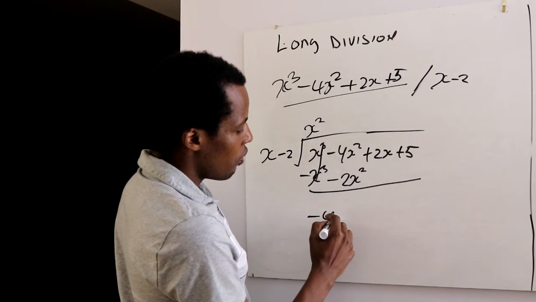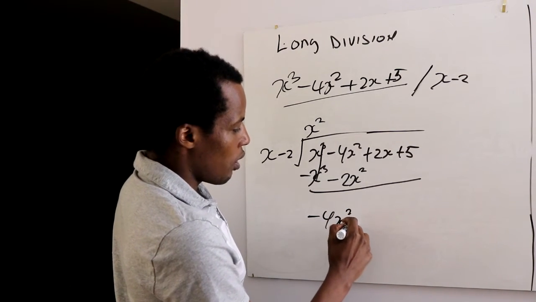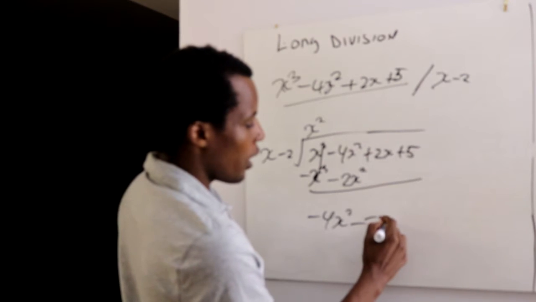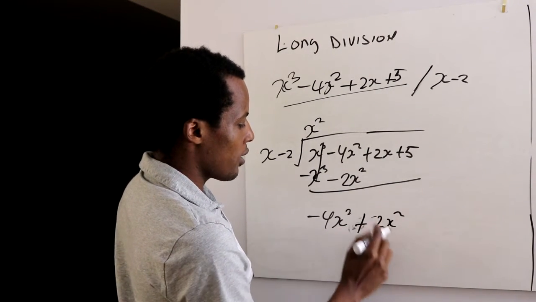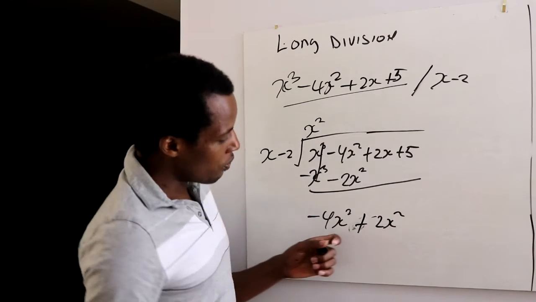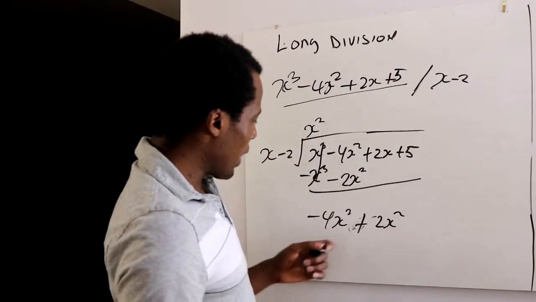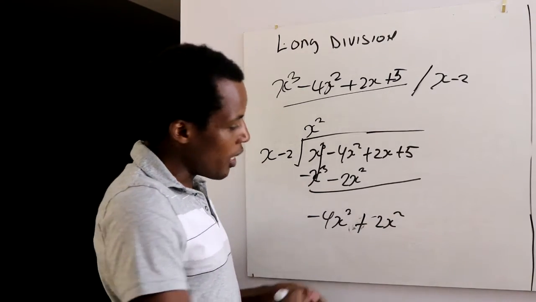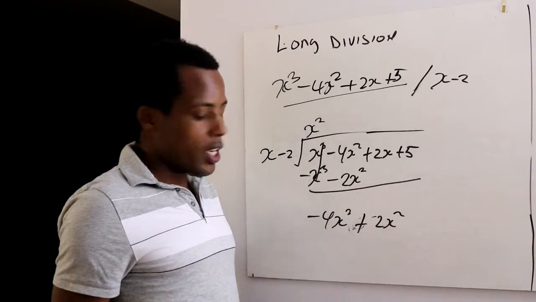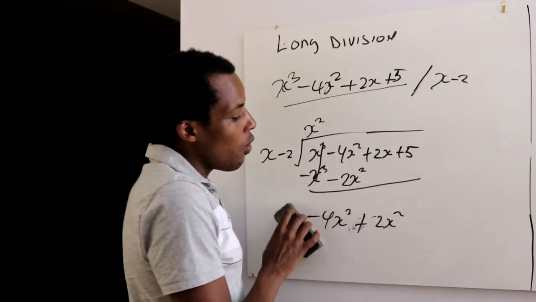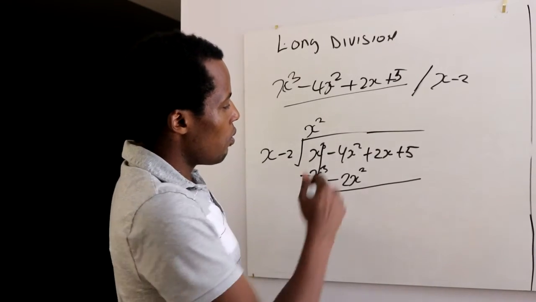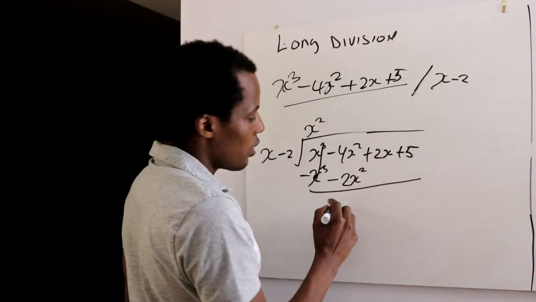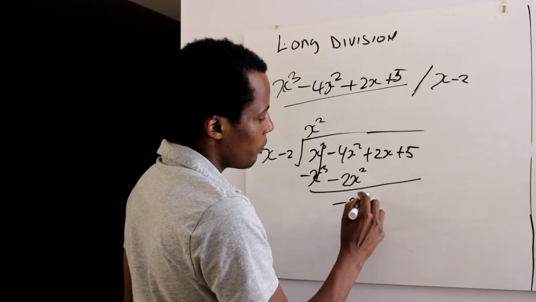Because subtracting a negative is the same as adding, so minus 4x squared plus 2x squared gives minus 2x squared. It's like saying minus 4 plus 2, so we still owe 2.